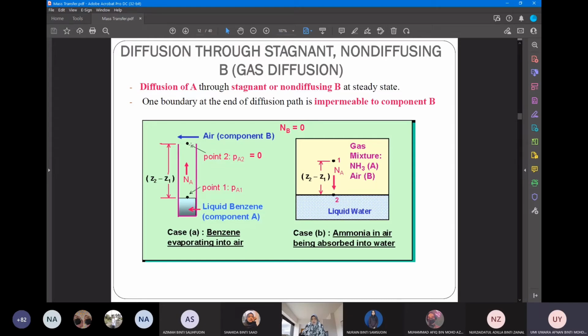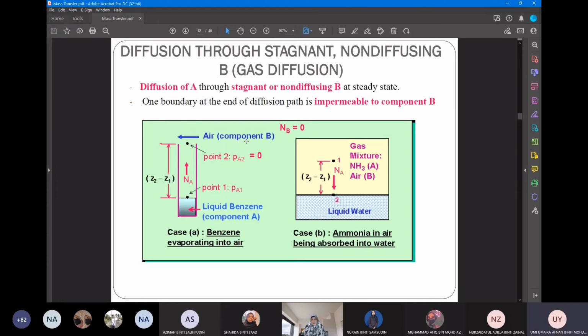Point number 2, you have partial pressure number 2 for component A. Remember, because you talk about A, you speak about A. Diffusion molar of A is relevant to the partial pressure of A at position 2 and the partial pressure of A at position 1. Okay, so in this case, benzene would like to evaporate into air. So diffusion of benzene into air. So you have air outside. Since B cannot diffuse, you say that it is non-diffusing B.